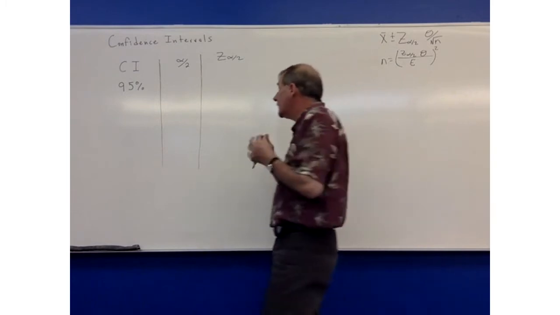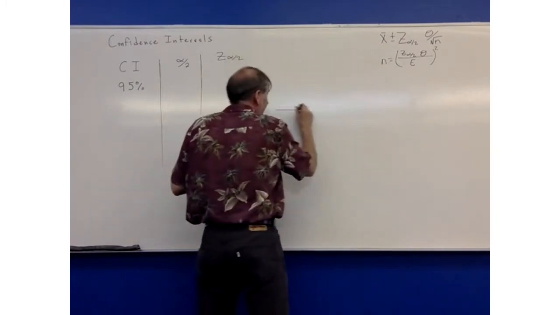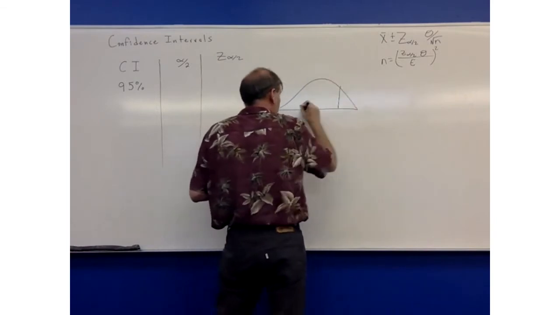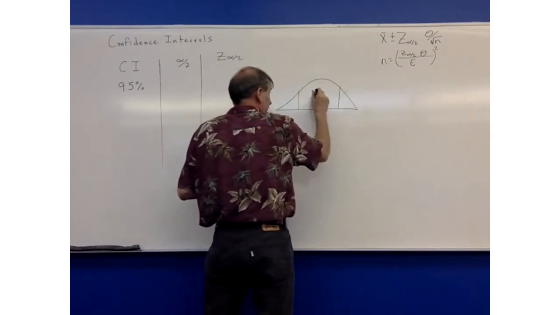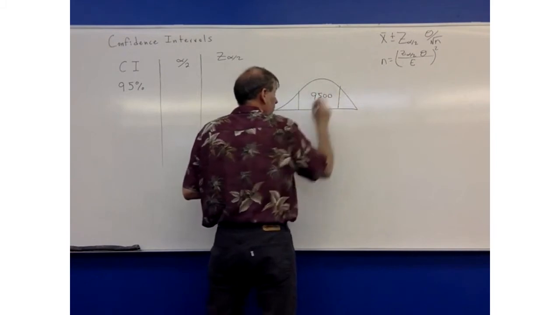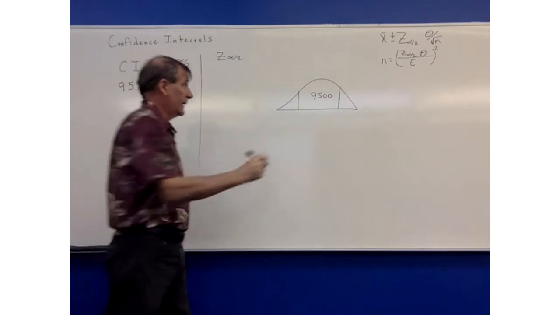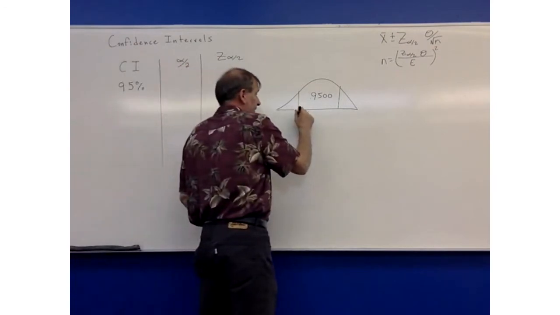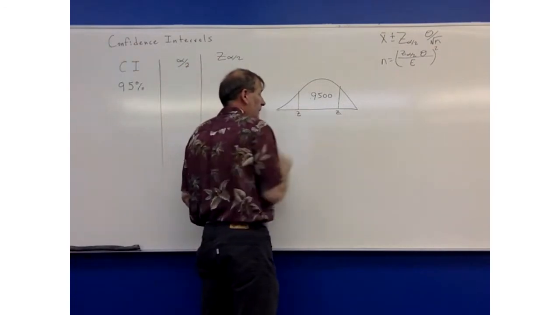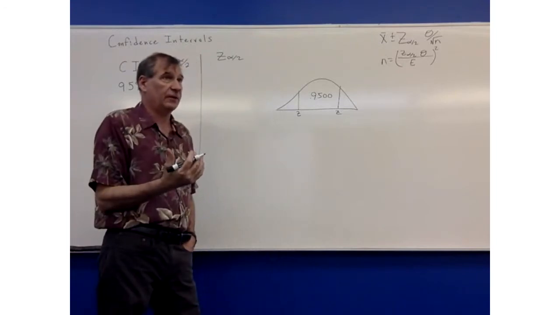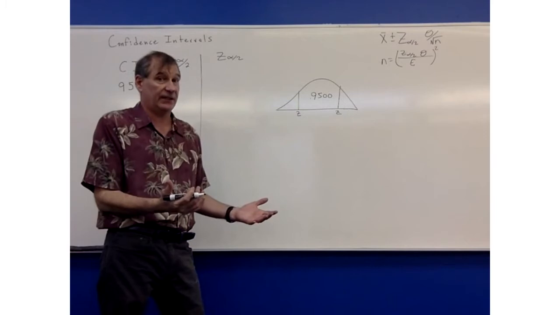Now, what's going on here is I've got to look at the standard normal table. If I want to be 95% sure, I've got to find these values right here. Okay, if you remember, the normal distribution curve had 100% underneath it.